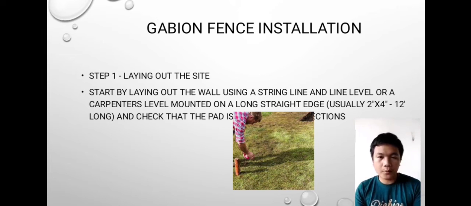So ang step 1 is maghimo sa layout. As you can see in the sample picture na ginahimo nga layout gamit ang string line or kanang level nga ginagamit sa mga anday.